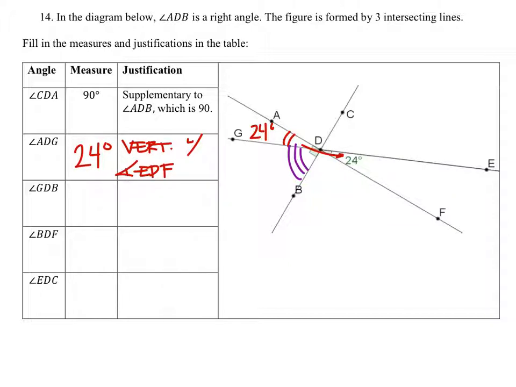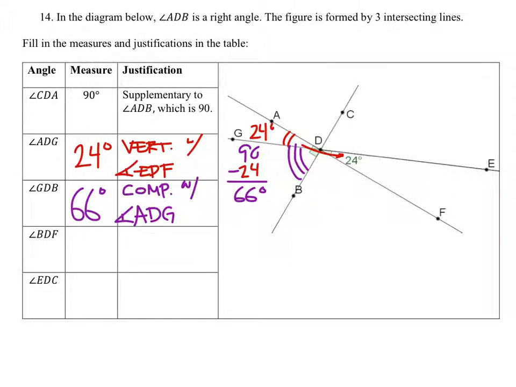But we can see that angle ADG and angle GDB are complementary, so they add up to 90 degrees. So I'm going to take 90 degrees and subtract the 24 degrees of angle ADG. That will tell me the measure of angle GDB. So it looks like it is 66 degrees right here.